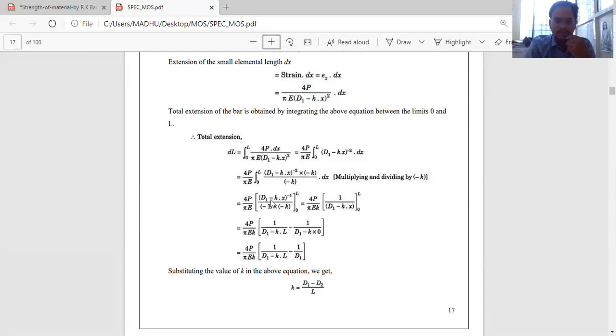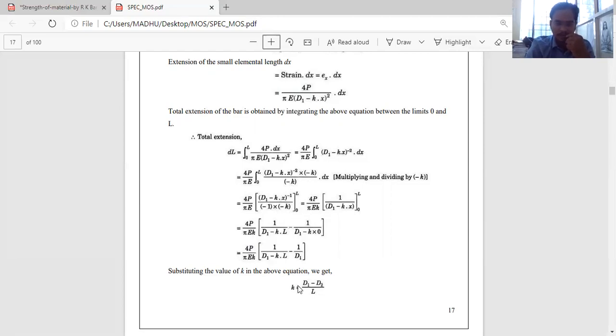Using the integration of x to the power minus n, with the minus 2 and minus k taken, we get the integral as (d1 minus kx) to the power minus 1 by (minus 1) into (minus k).